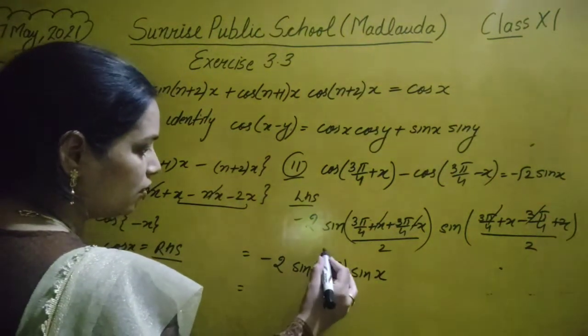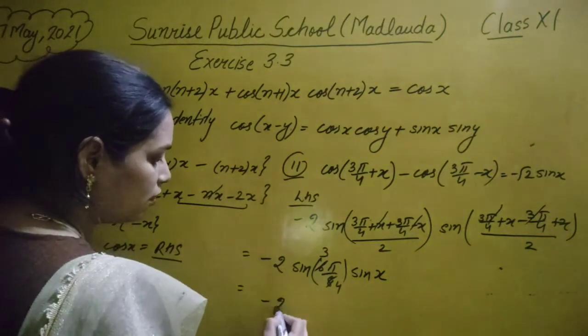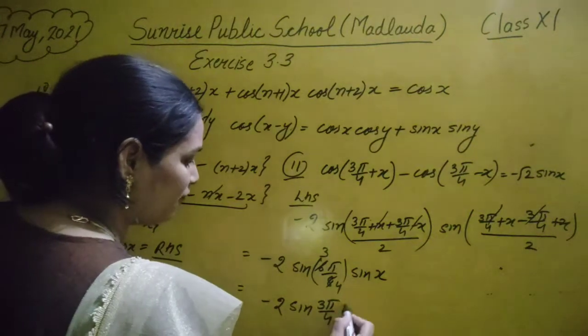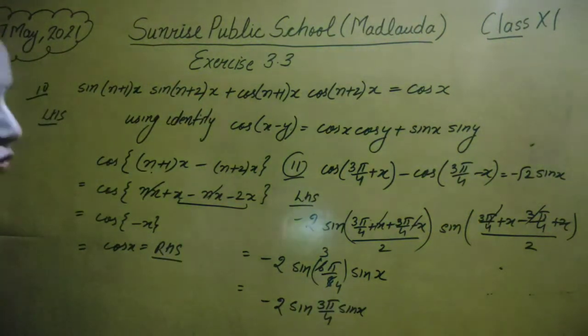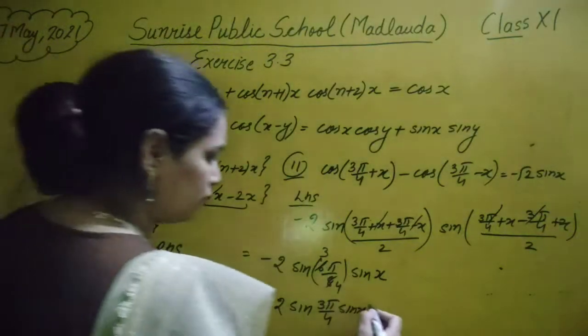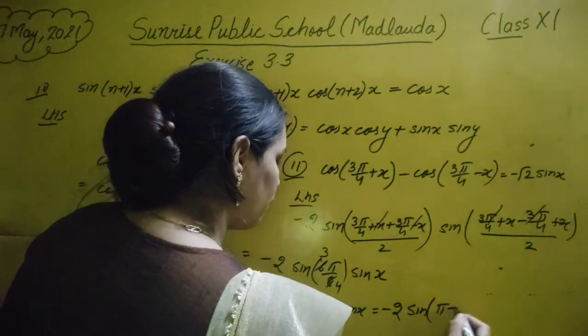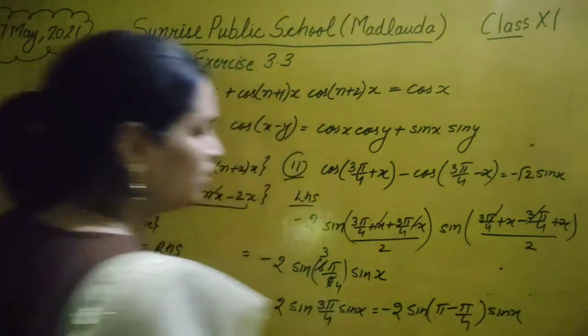Now convert into the lowest form. It becomes 2 sin 3 pi by 4 and sin x. At the place of 3 pi by 4, we will write pi minus pi by 4, so sin of pi minus pi by 4, and this is sin x.